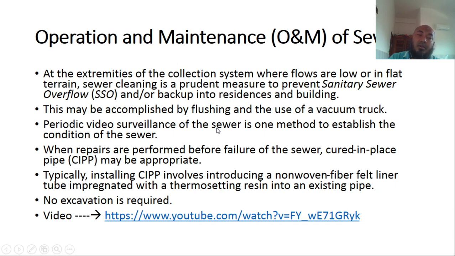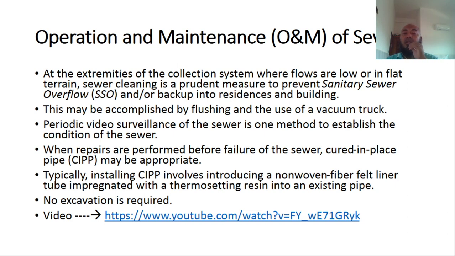Typically, installing CIPP involves introducing a non-woven fiber liner tube impregnated with thermosetting resin into the existing pipe. So no excavation is required.